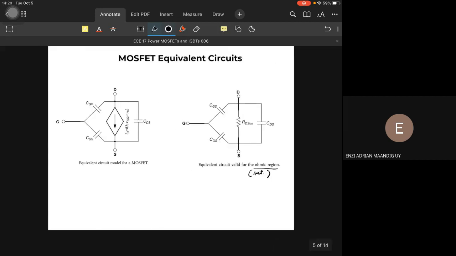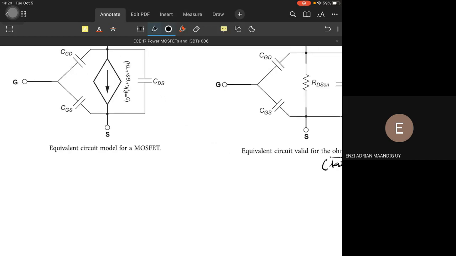The next question, what is the amount of current flowing across the MOSFET? So depende sa region, no? Depende kung unsa siyang region currently. So ako lang i-show dire ang different regions again: the ohmic region, the active region, and the cutoff region.